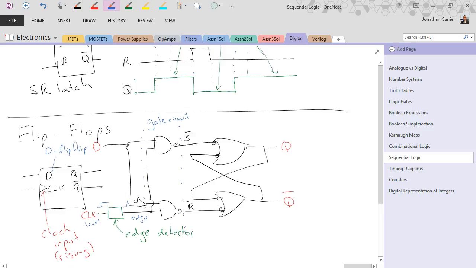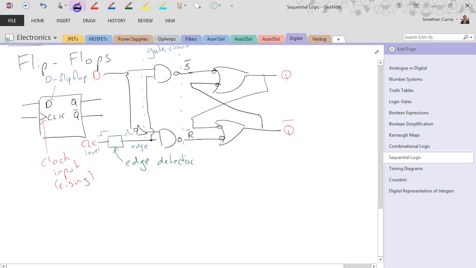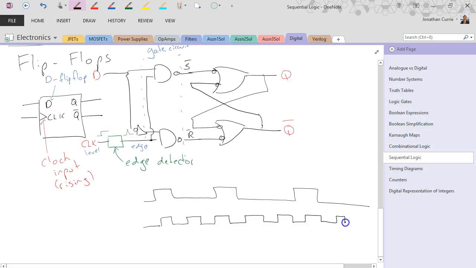And a D flip-flop works in a very similar way as what we've seen before. So, make it a little smaller. Say that's our data input. Assume this is a very symmetrical clock signal. Alright, here's our output.